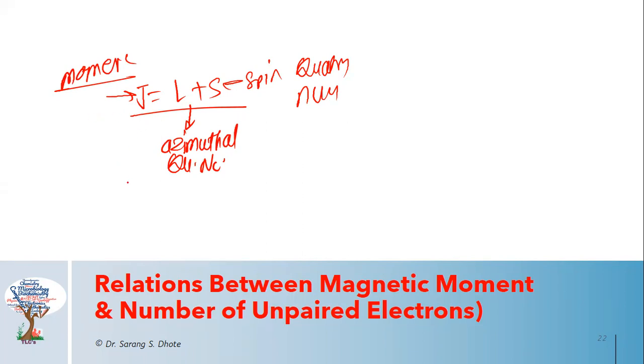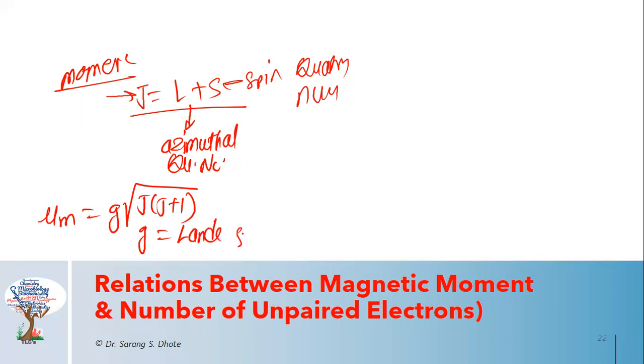On the basis of classical theory, the magnetic moment can be calculated as mu equals g under root J, J plus 1, and this g is known as the Landé splitting factor.